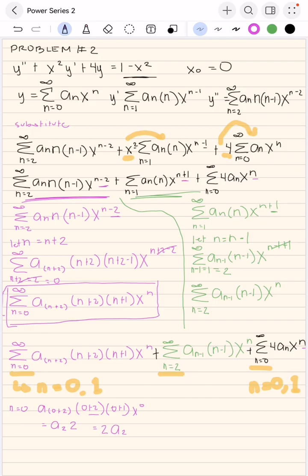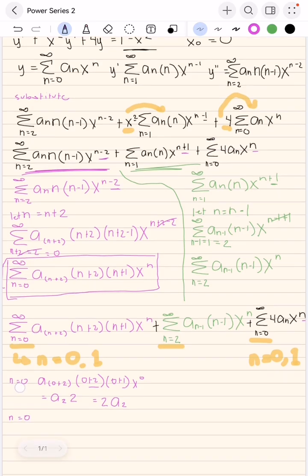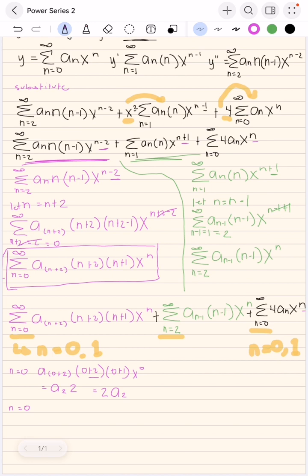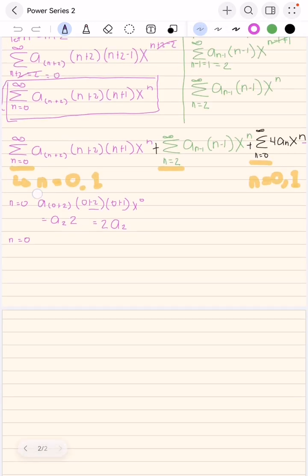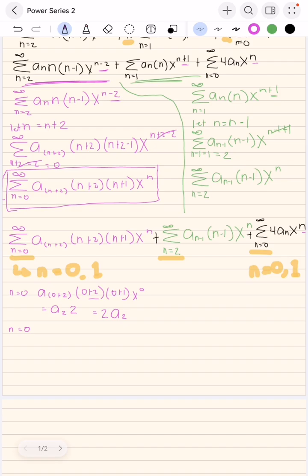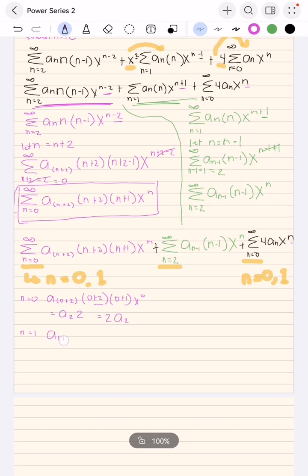Then for n equals 1, let's add a new page. For 1, we have a_(1+2), (1 plus 1)(1 plus 2), x^1.